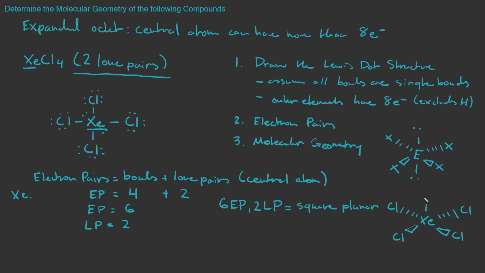We have a line for our first lone pair of electrons, a line for our second pair, and then we add dots associated with our chlorines. They all have the dots that we drew before. And there is your drawing of a square planar molecule with our example of XeCl4.